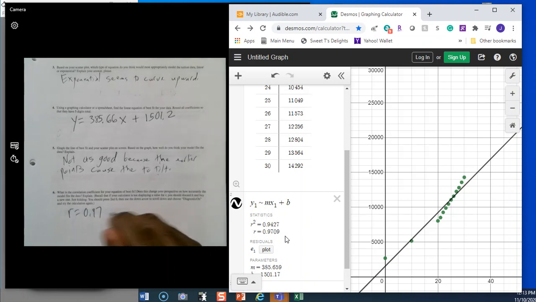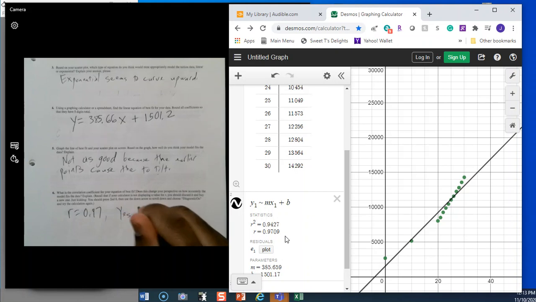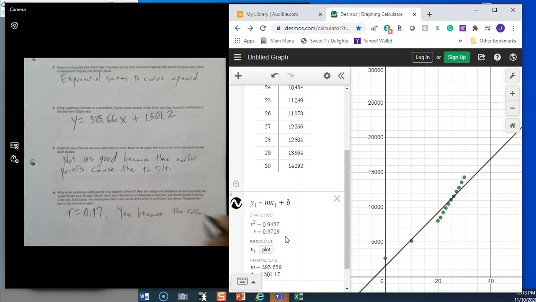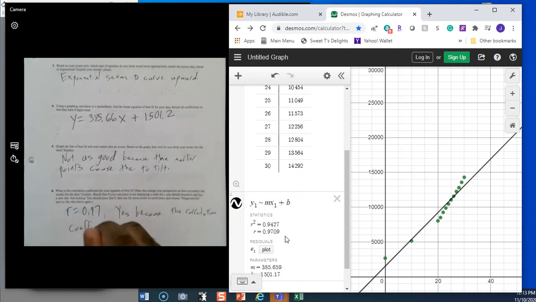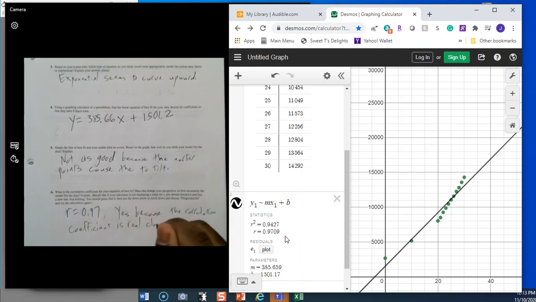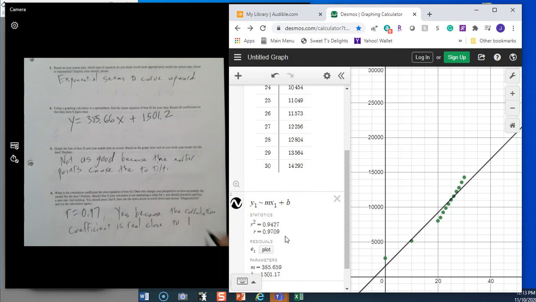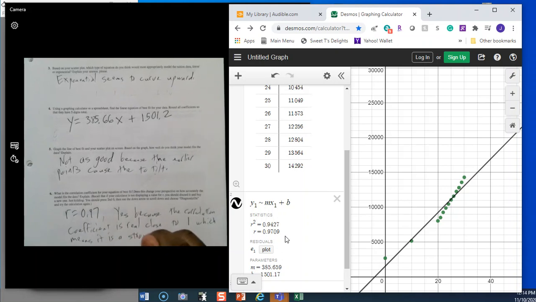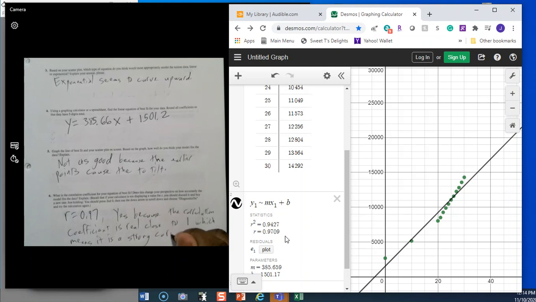Well, for me, I would say, you could say yes, because the correlation coefficient is real close to 1, which means it is a strong correlation.